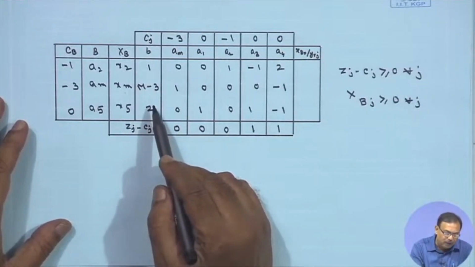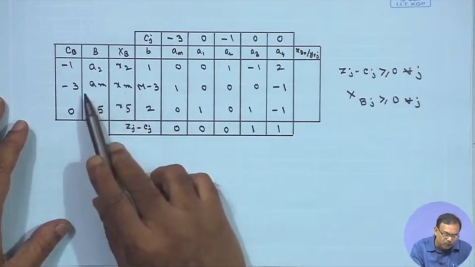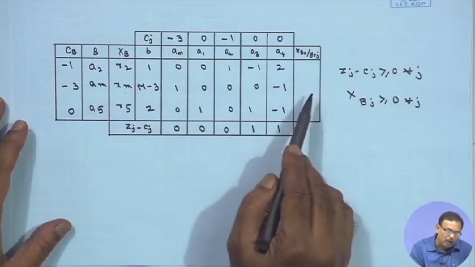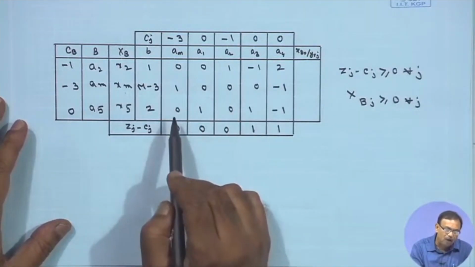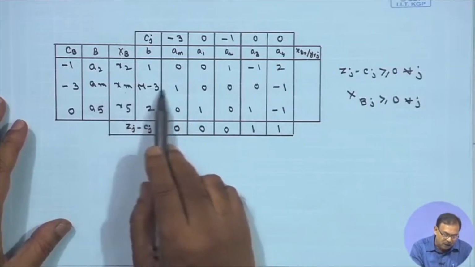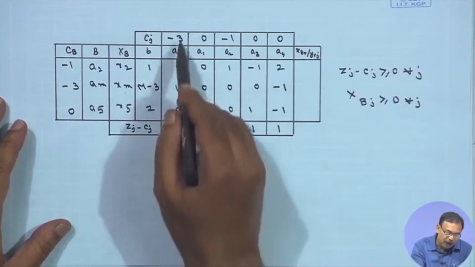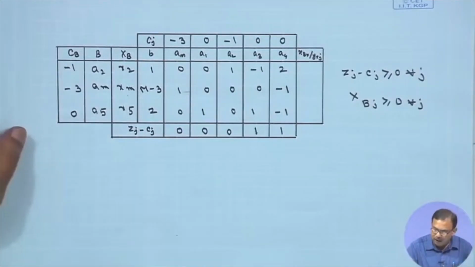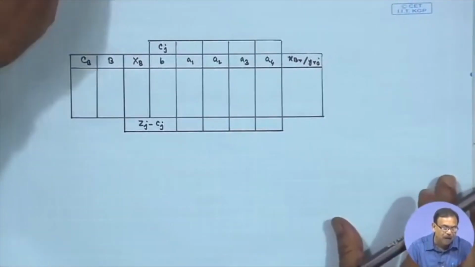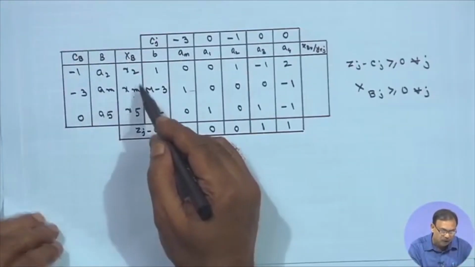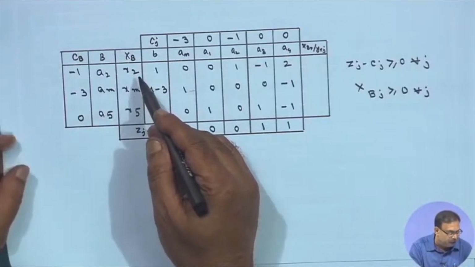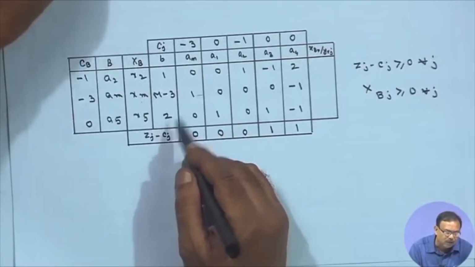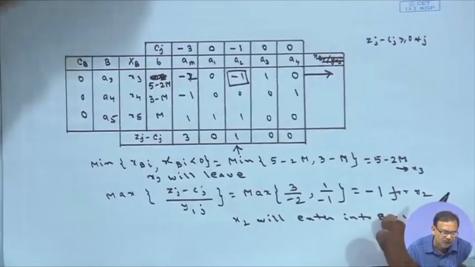So, in the next table, what you do is remove the row and column corresponding to the artificial constraint, that is, you remove the xm row and the am column also, and rewrite the entire table once again. So now xm will not be there; you will have only x2 and x5.